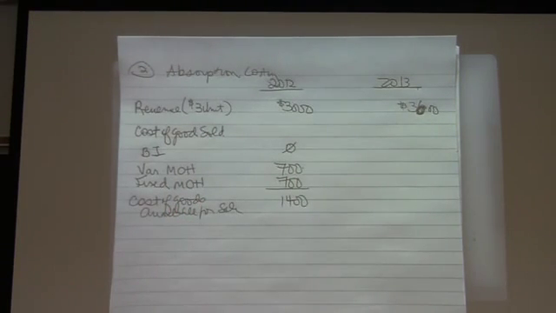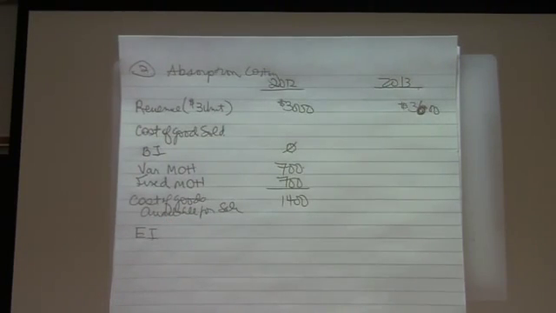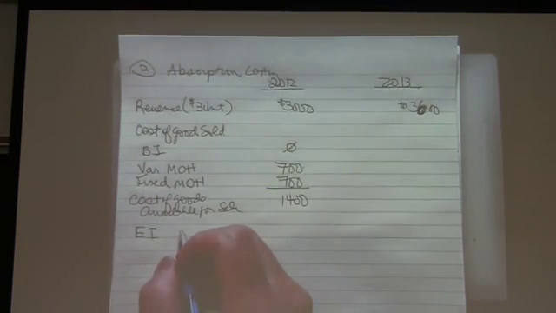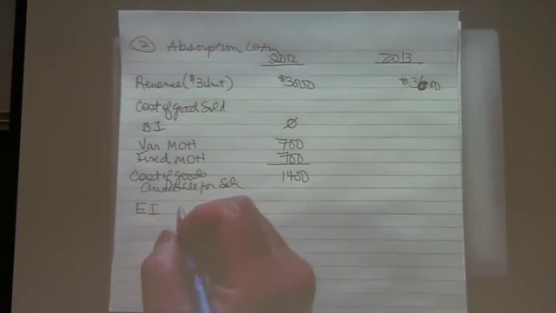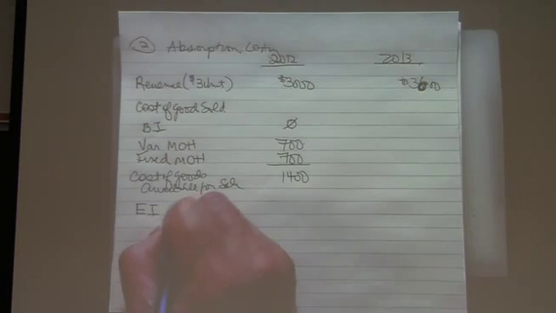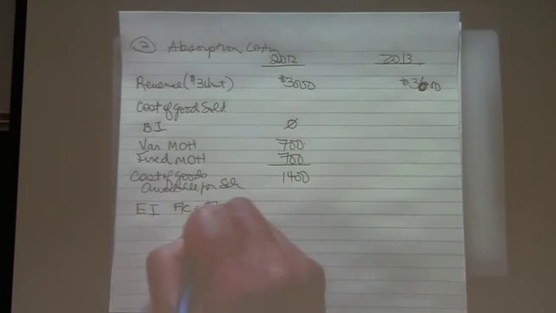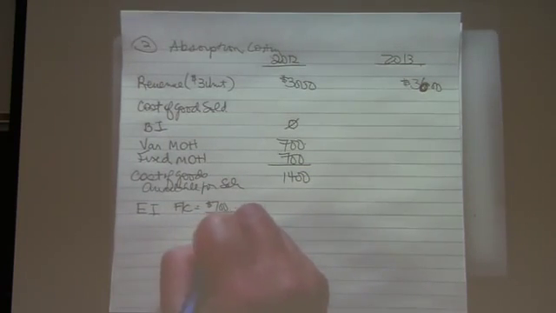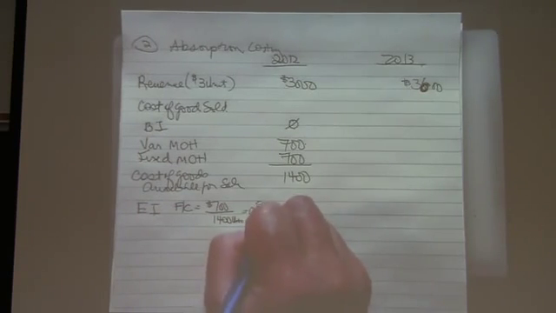Now, the ending inventory, we've got to do a couple of calculations. So we know that the fixed cost is $700 divided by 1,400 units. So the unit cost is 50 cents per unit.